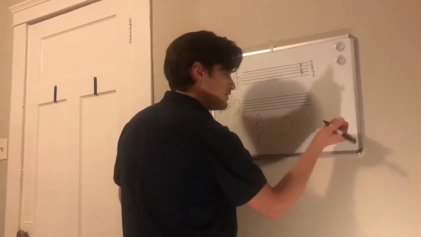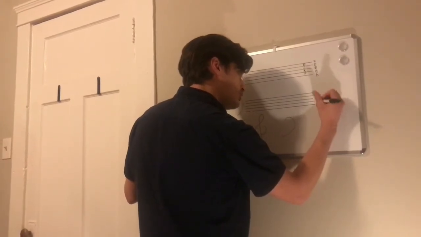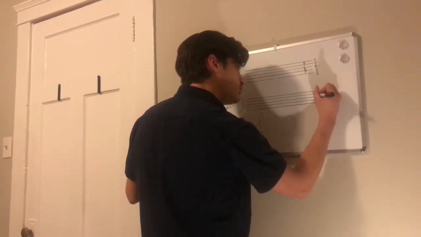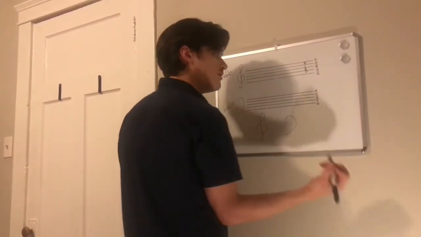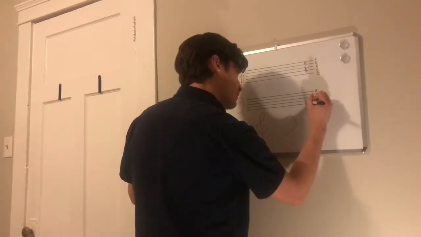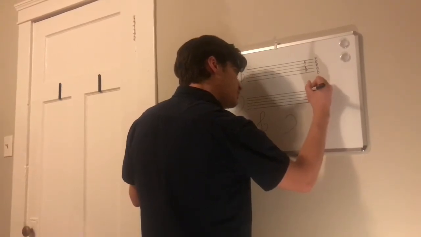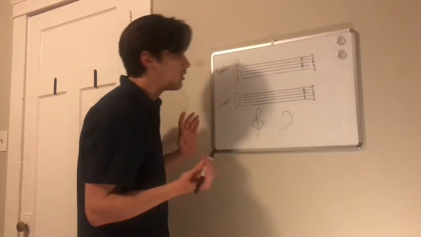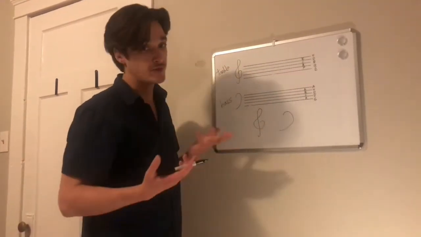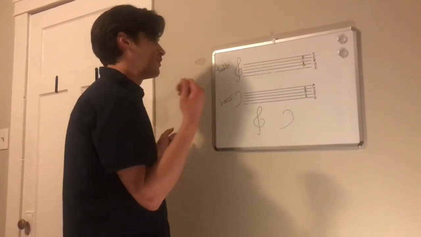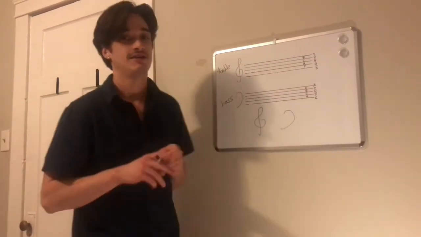So the lines on the bass clef are going to read G, B, D, F, and A. And then the spaces will read A, C, E, and G. Now, a couple good ones for these are great big dogs fight animals, which is one I like. And for the spaces, we have all cars eat gas.